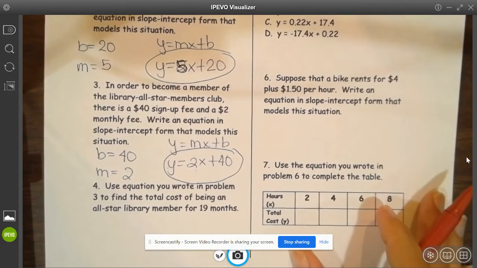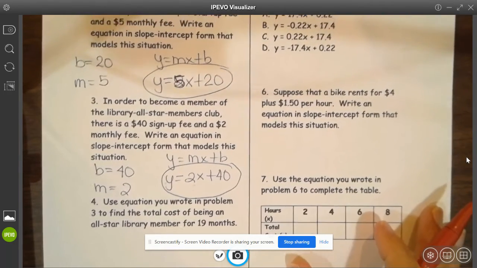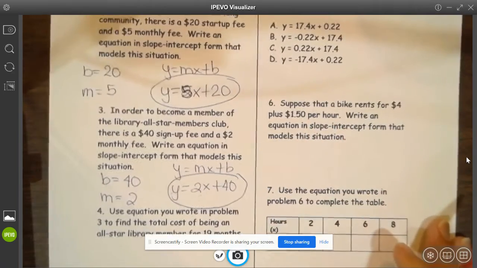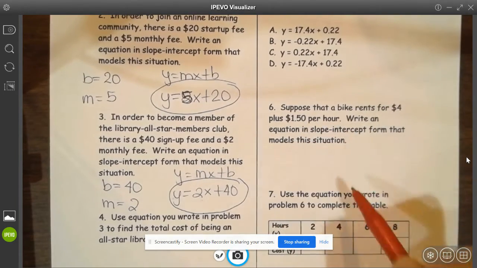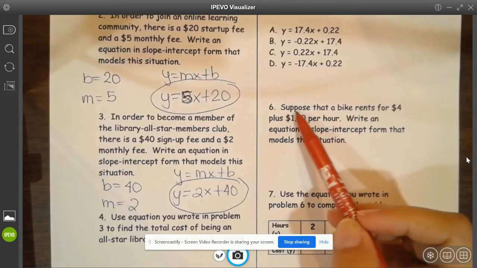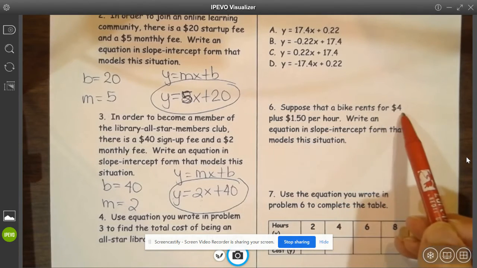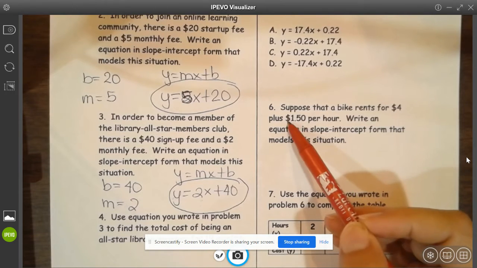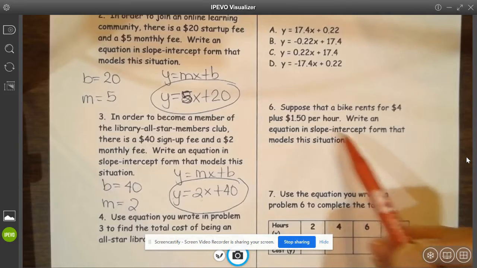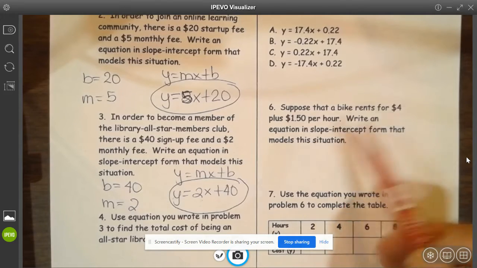All right. Okay, so with this, let's just do this one, and then we'll do some with actually finding the numbers. All right. So it says, suppose that a bike rents for $4 plus you also have to pay $1.50 per hour. So write an equation in slope-intercept form that models this situation.